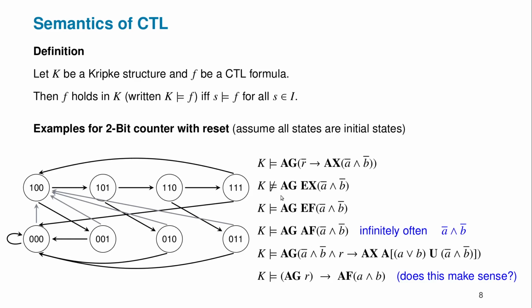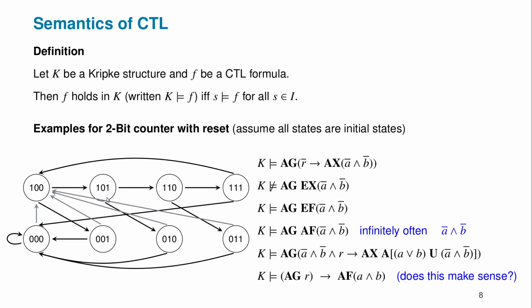Yeah, then here we ask if for every state it's true that in one step A and B can be reset, so that always globally exists next not A and not B is true. And this is obviously not the case. Why?